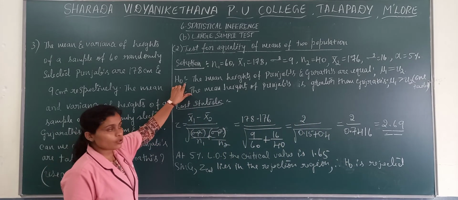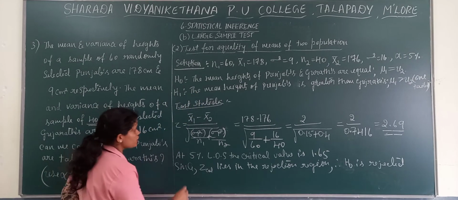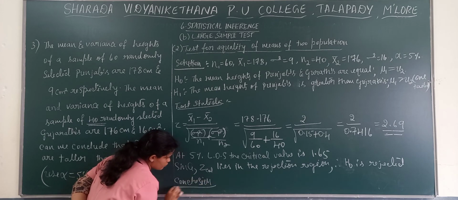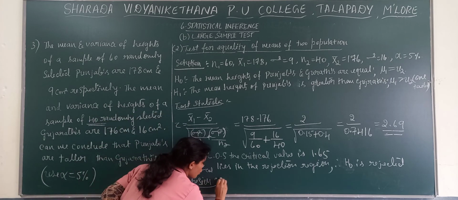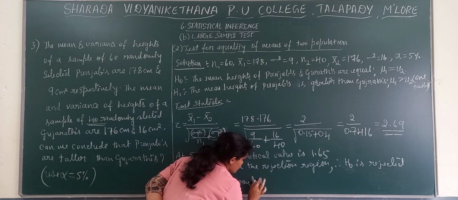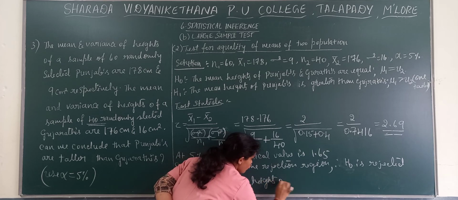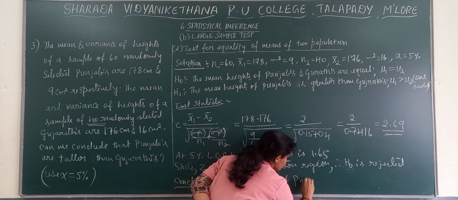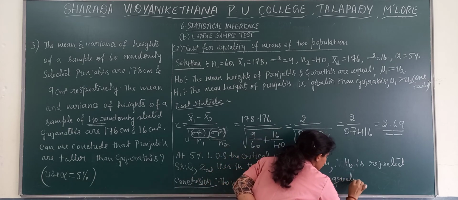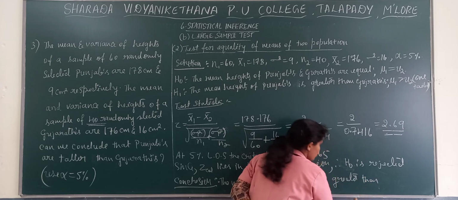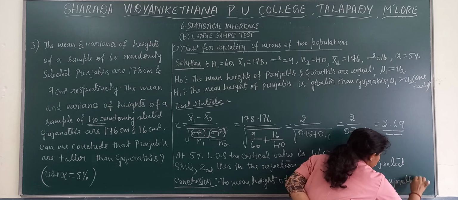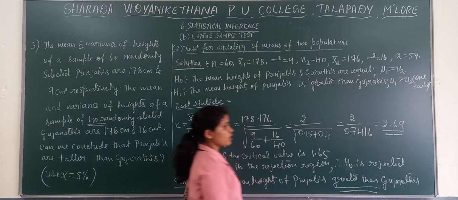If we reject H0, then obviously we accept the alternative hypothesis. So conclusion: the mean height of Punjab is greater than Gujarat. So this is the conclusion.